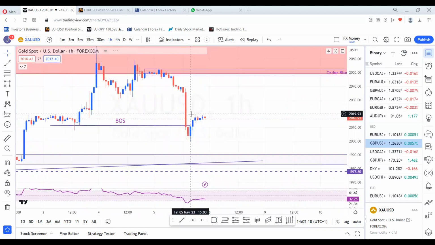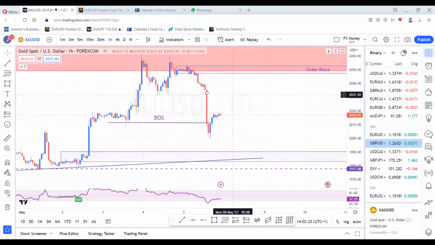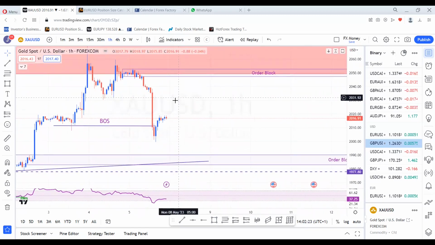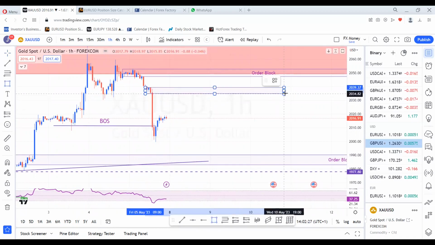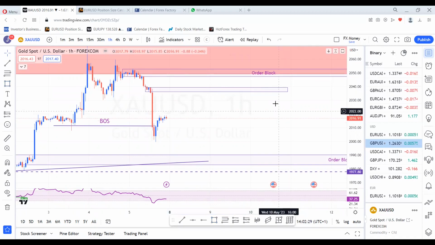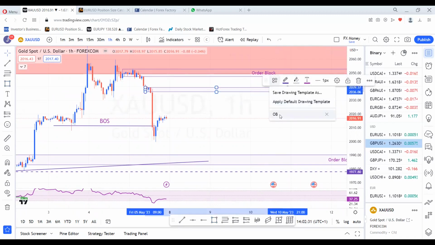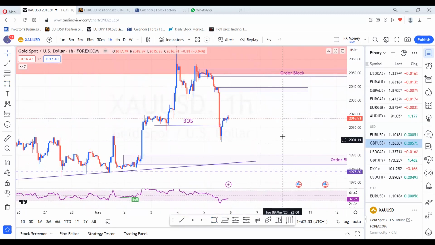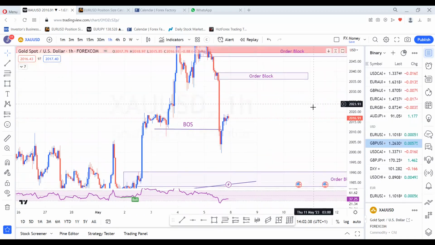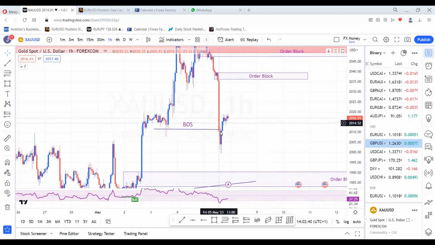So come to our 1 hour. Another supply zone seen there before the break.